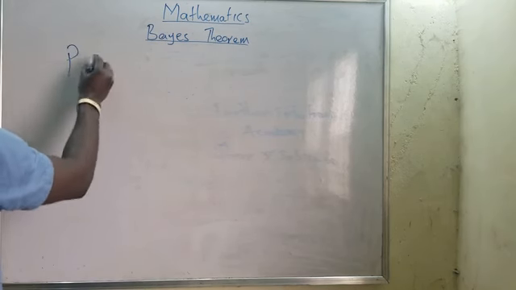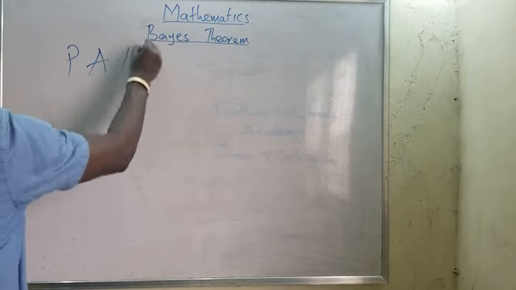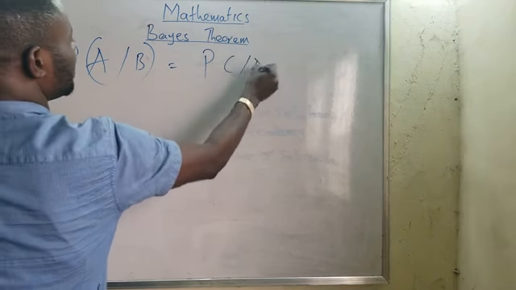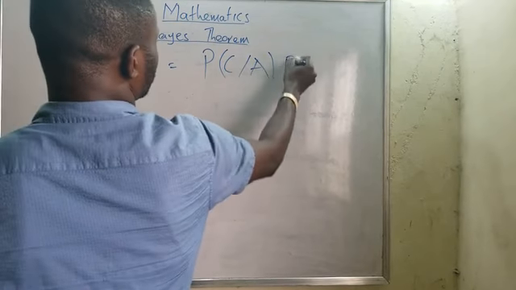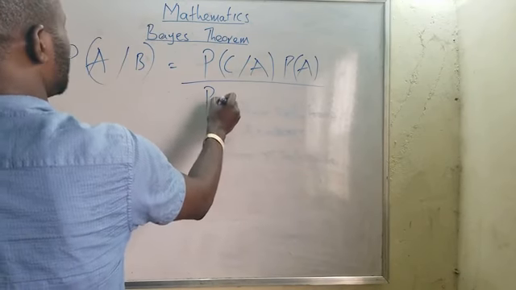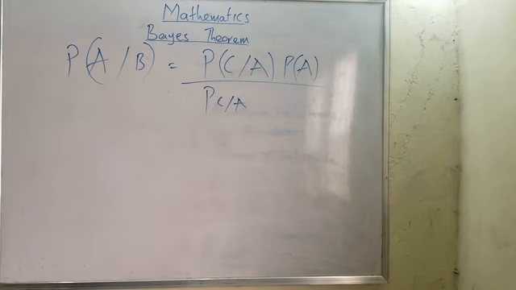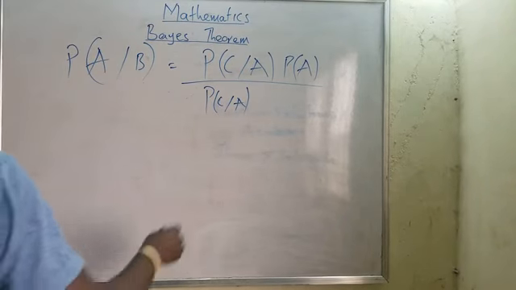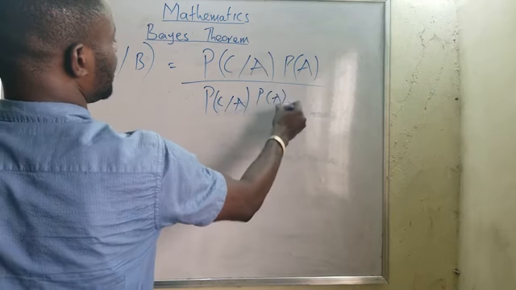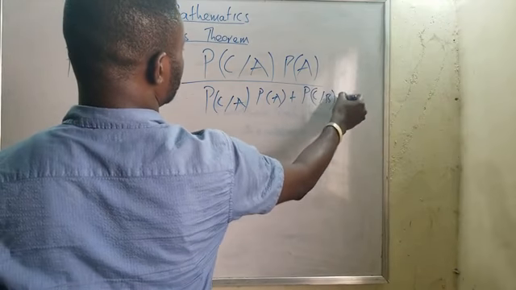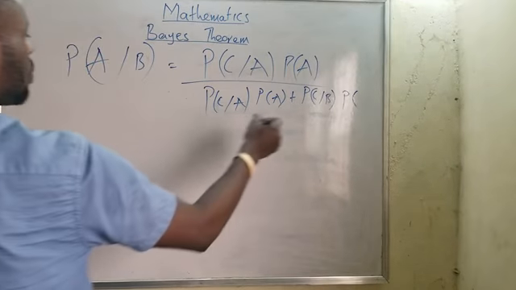Bayes' theorem: the probability of A given B is equal to the probability of B given A times the probability of A, divided by the probability of B given A times the probability of A, plus the probability of B given C times the probability of C.